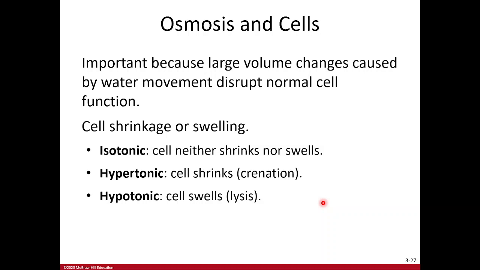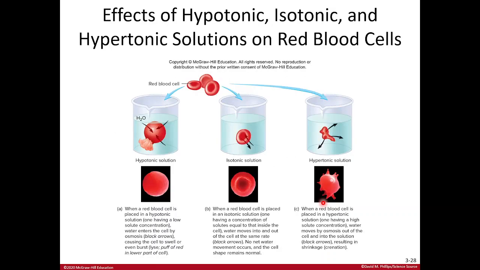So the cell will shrink or crenate. Now the opposite is true. When you have a cell and you put it in a hypotonic solution, which doesn't have as many solutes, then the cell will swell. In this case, we have red blood cells.